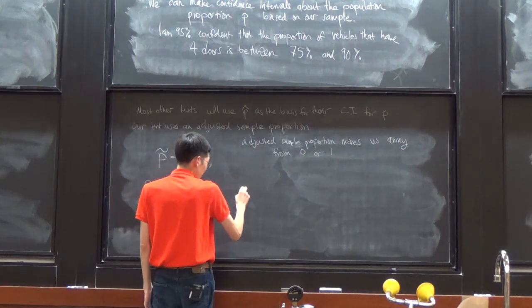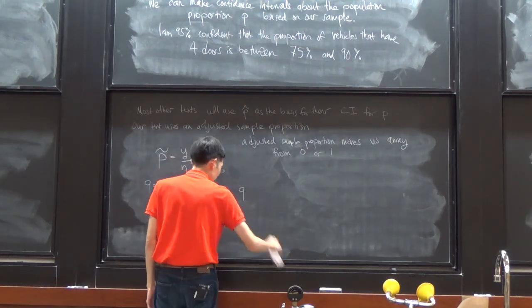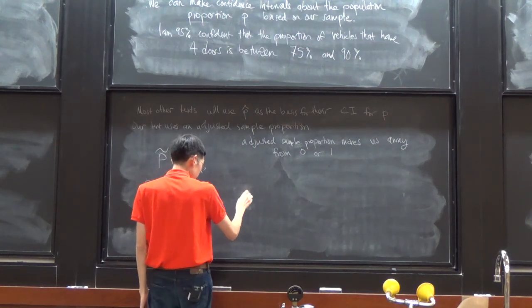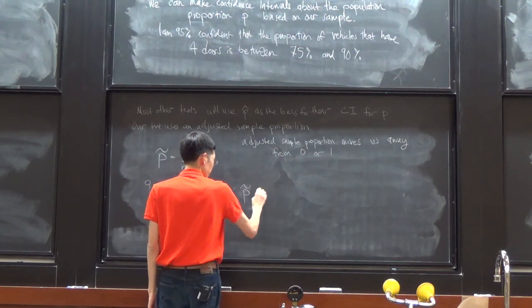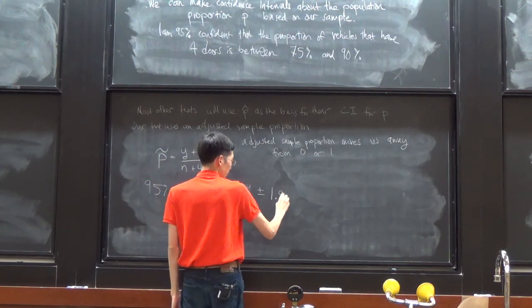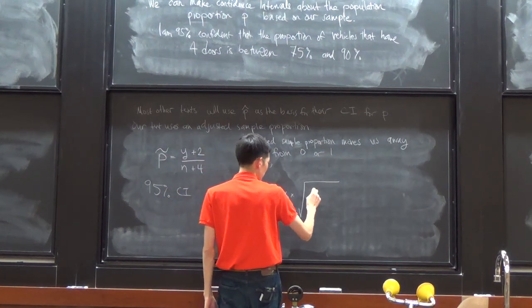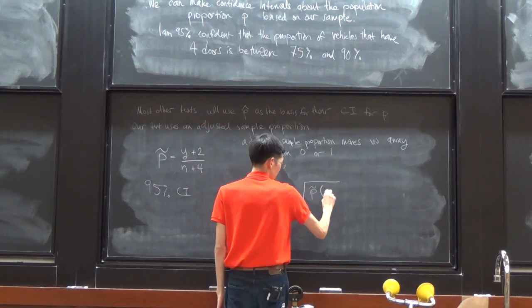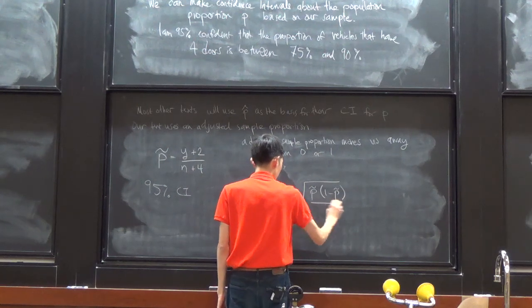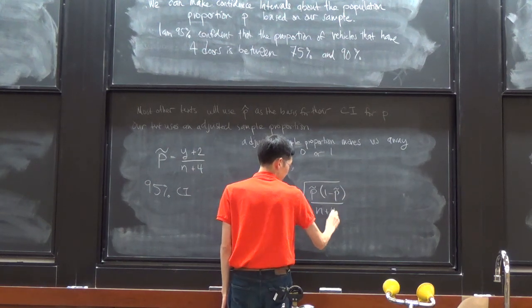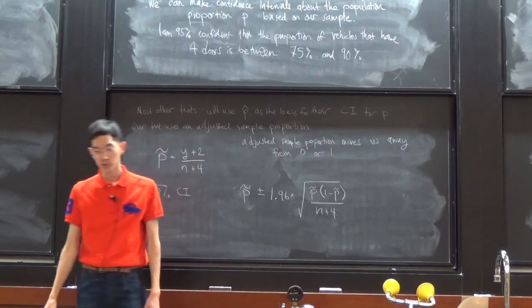The 95% confidence interval is p tilde plus or minus 1.96 times the standard error, which is the square root of p tilde times 1 minus p tilde over n plus 4.